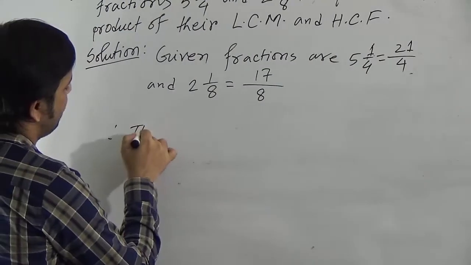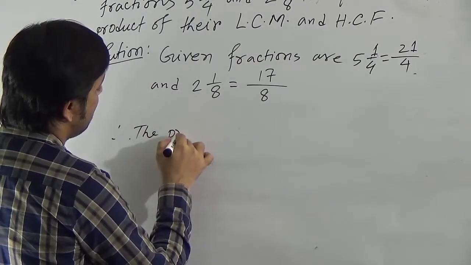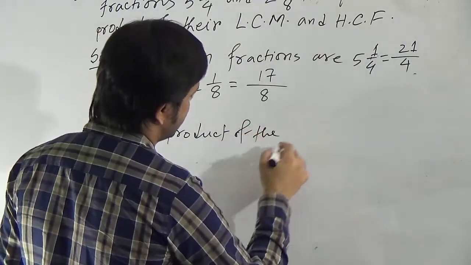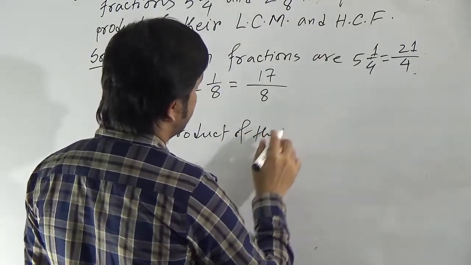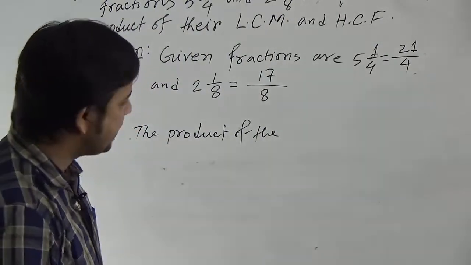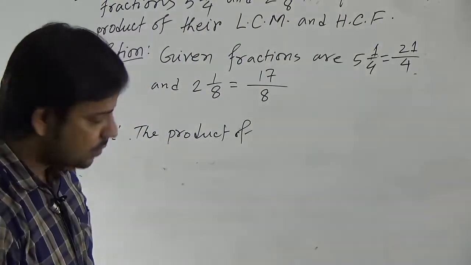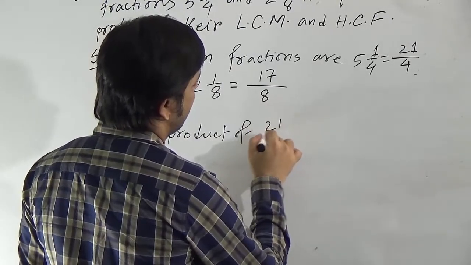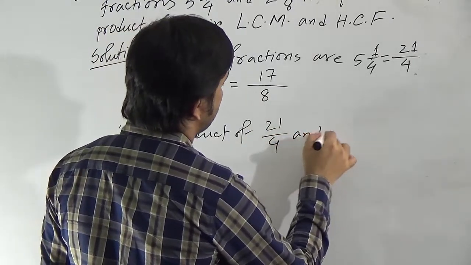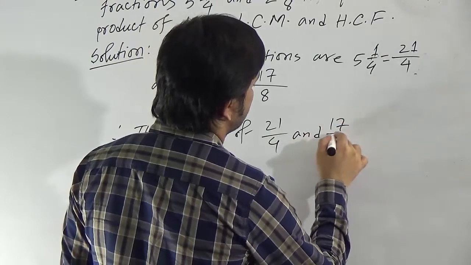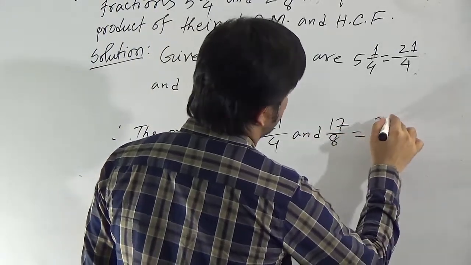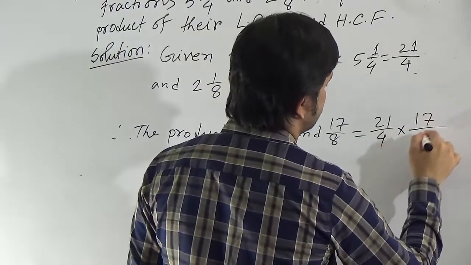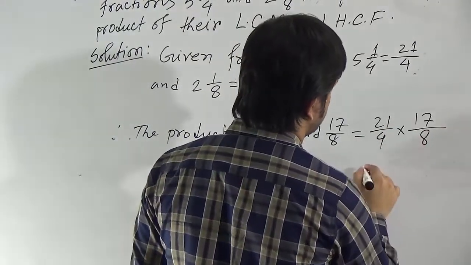Therefore, the product of the given fractions, 21 by 4 and 17 by 8, will be equal to 21 by 4 multiplied by 17 by 8.